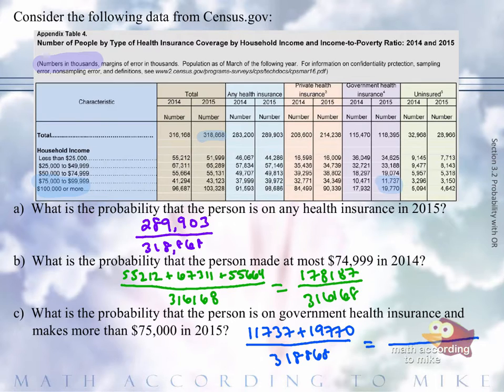So just like before, we're going to add those two numbers. I'm not going to pause the video. I finished. So the numerator is 31,507, and the denominator is 318,868.